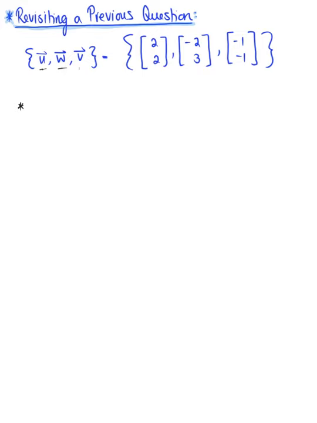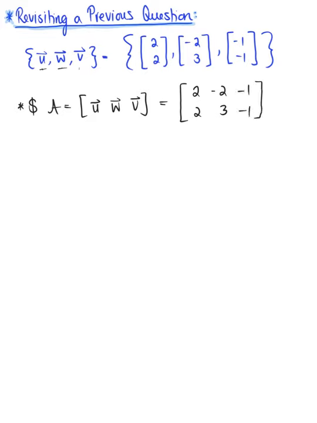So here we go. Let's suppose that a matrix A is defined by these 3 vectors, vector u, vector w, and vector v. So we have this 2 by 3 matrix, we have 2, 2, -2, 3, -1, -1. Beautiful.